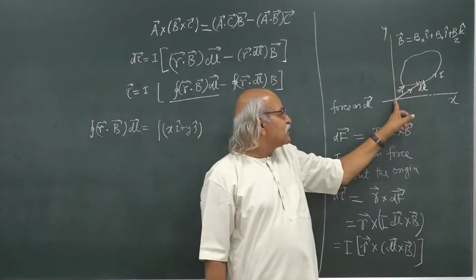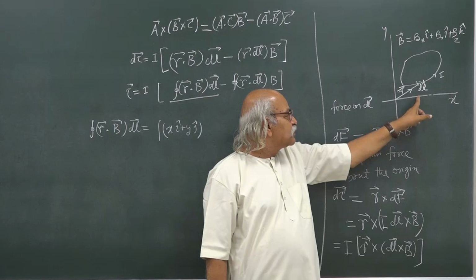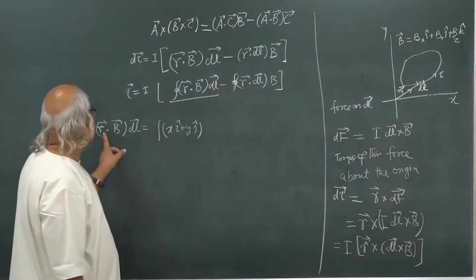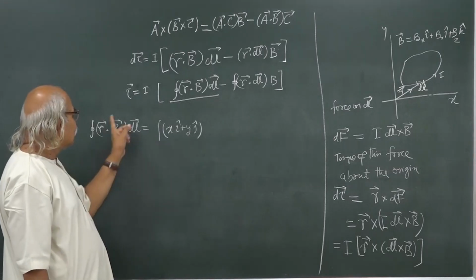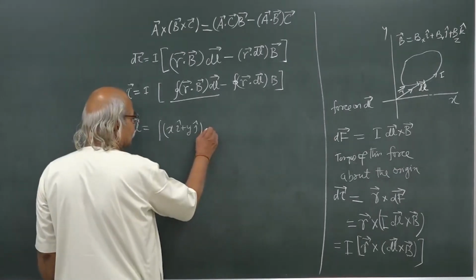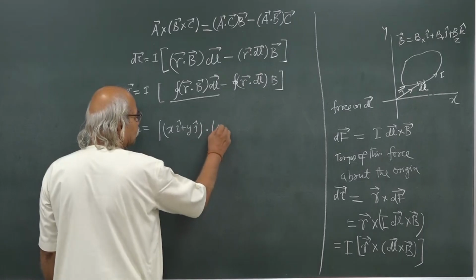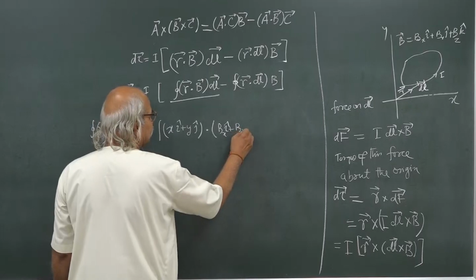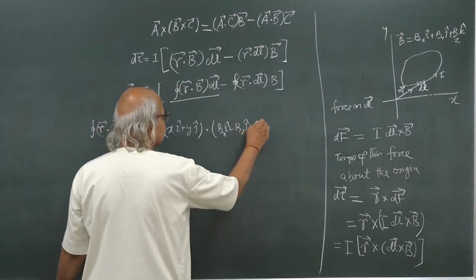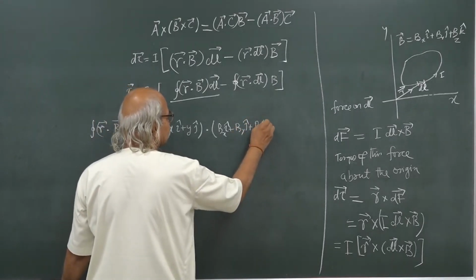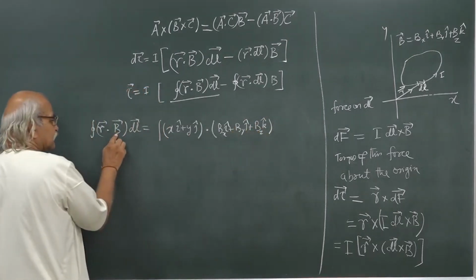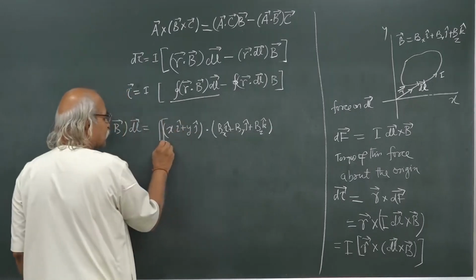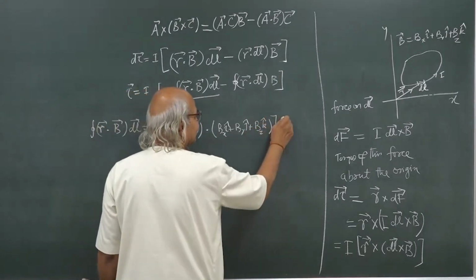So you can write it as x coordinate i cap plus y coordinate j cap. So it is this r dot b. r is this, then dot, what do I write? bx i cap plus by j cap plus bz k cap. It is this vector, and then r dot b and then dl.